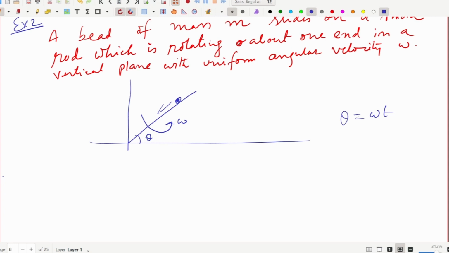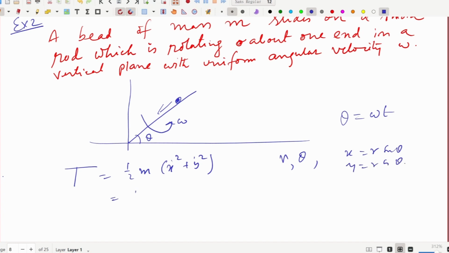So, let us consider the kinetic energy. Kinetic energy will be half m (x dot square plus y dot square), but if you consider r and theta, that is x equal to r sin theta, y equal to r cos theta, then this will be half m (r dot square plus r square theta dot square).